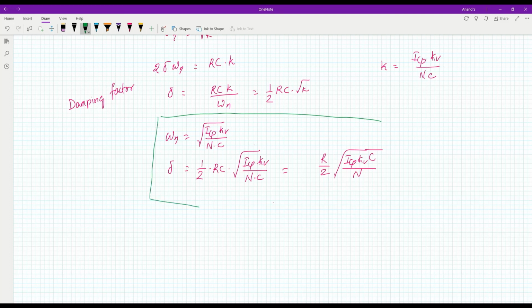Remember these two, which will be useful in designing the PLL and understanding its behavior.